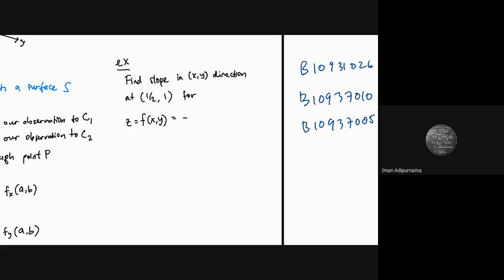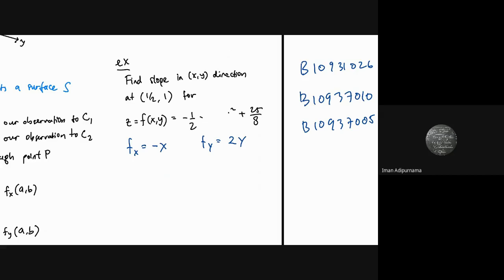The equation is negative half x squared plus y squared plus 25 over 8. So finding partial x, it's just negative x and the other will be 0. Partial y will be 2y and the other will be 0, right? Oh, wait.